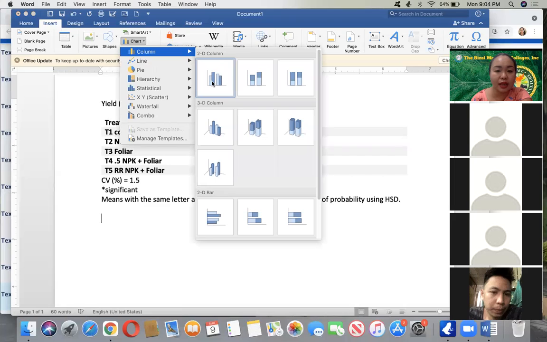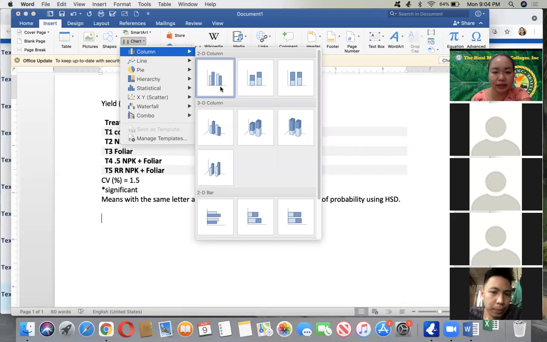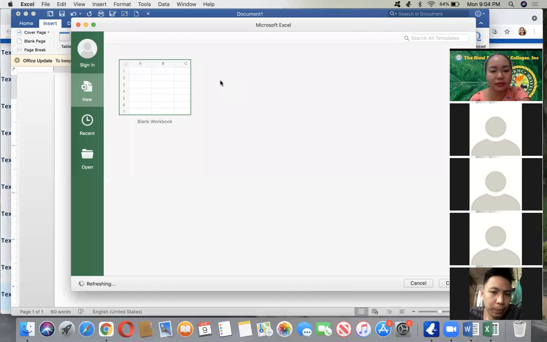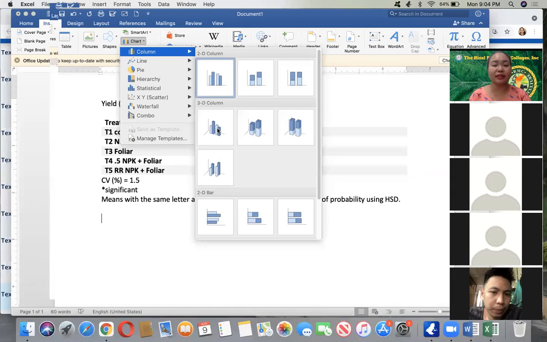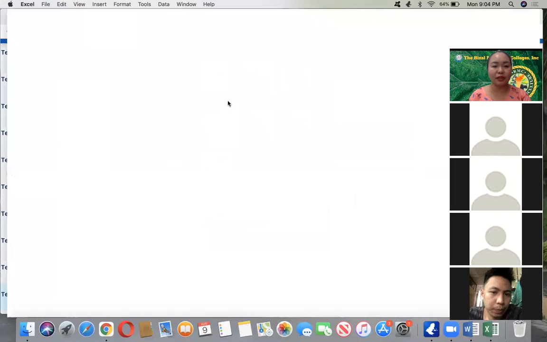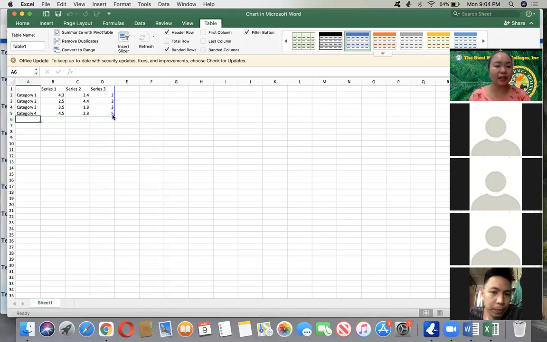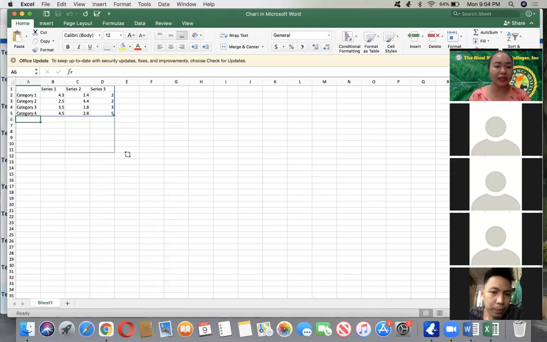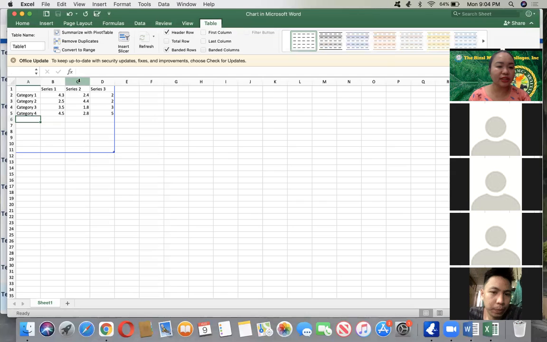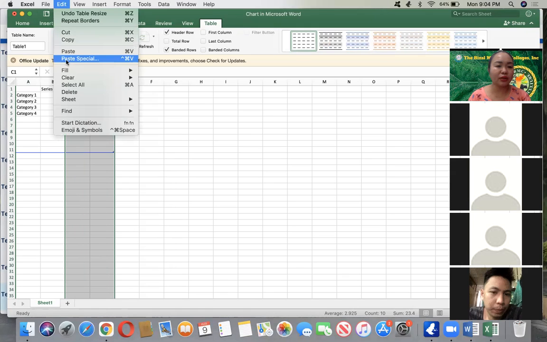Most probably it is a bar chart, the usual statistical one. You will be directed to the most applicable one in Excel, so it is automatic. Since we only have one data set and we have 3 treatments, you just cut it or delete it.